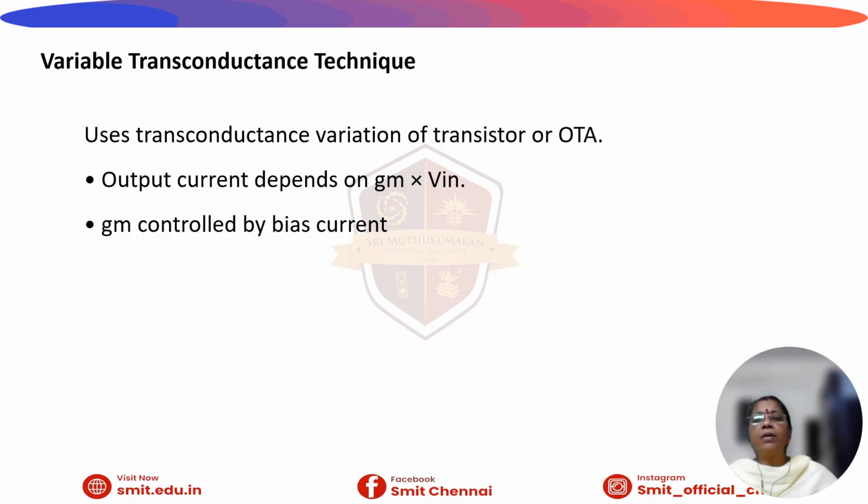The GM is controlled by bias current. It is an electronic circuit that produces an output signal proportional to the product of two input voltages. It is achieved by using a differential amplifier where the transconductance GM of the transistor is dynamically adjusted by one of the input signals.